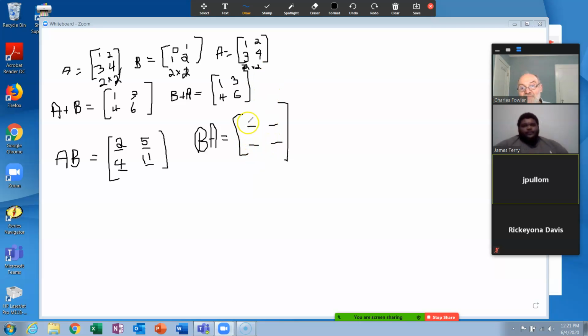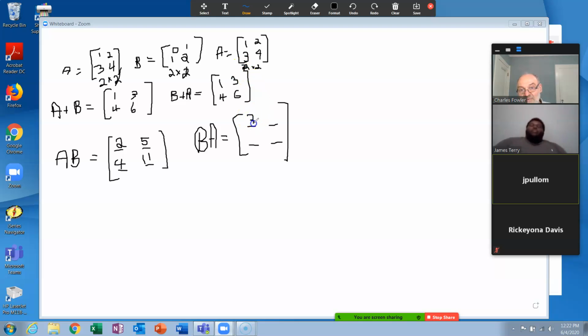Let's start with the first entry here. This first entry is the first row, first column. So we'll take the first row of B and multiply it by the first column of A. So 0 times 1 is 0, plus, you add as you go, 1 times 3. That gives you 3. 0 plus 3 is 3.